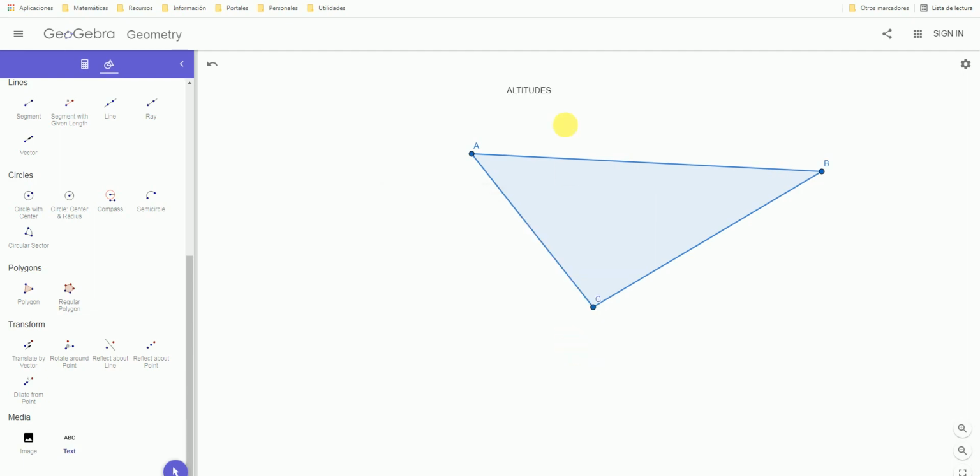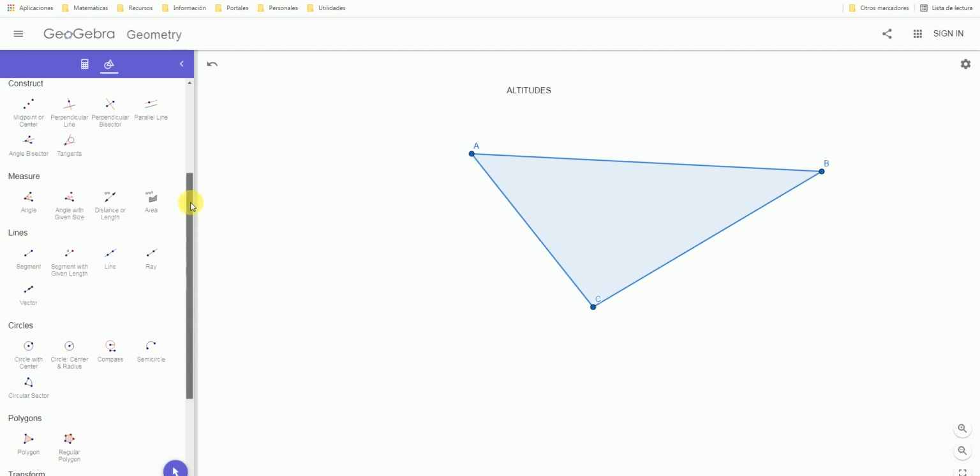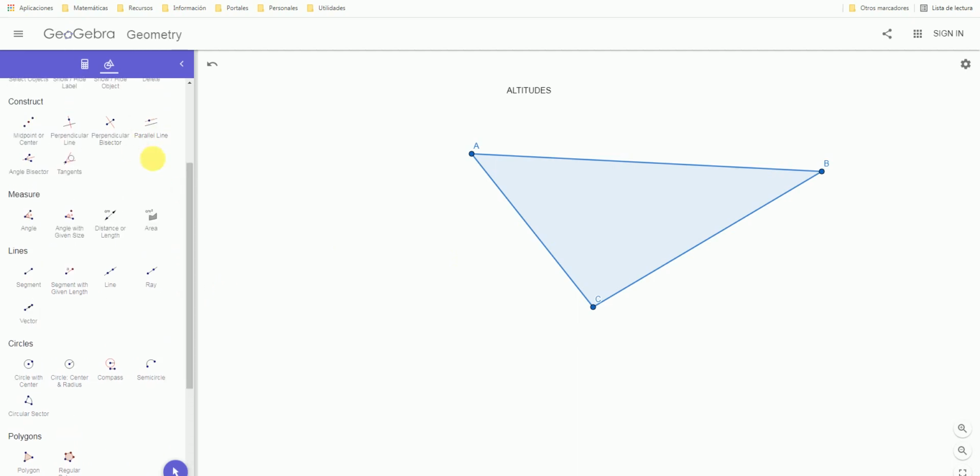The altitudes of a triangle are lines going from one vertex to the opposite side, but they go perpendicular to the opposite side. Okay? So let's see how we do that. Let's draw a perpendicular line from this point to this line.